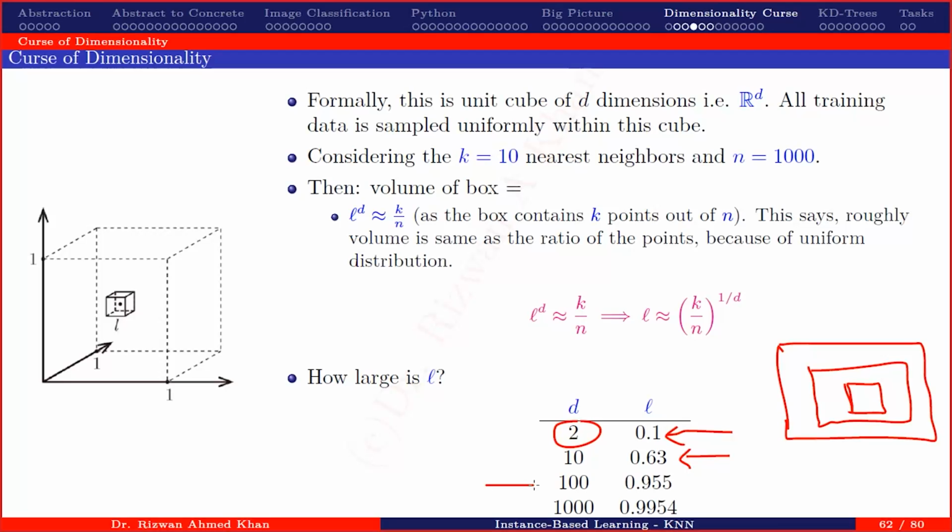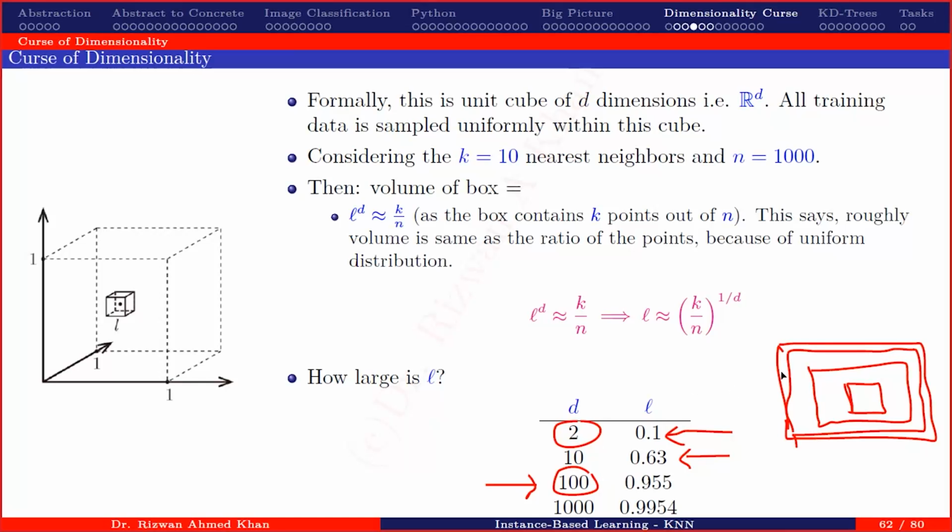And if we have a 100 dimension feature vector, 0.955 of the box is filled. So it means that the whole cube is filled if we have a feature vector with 100 dimensions.